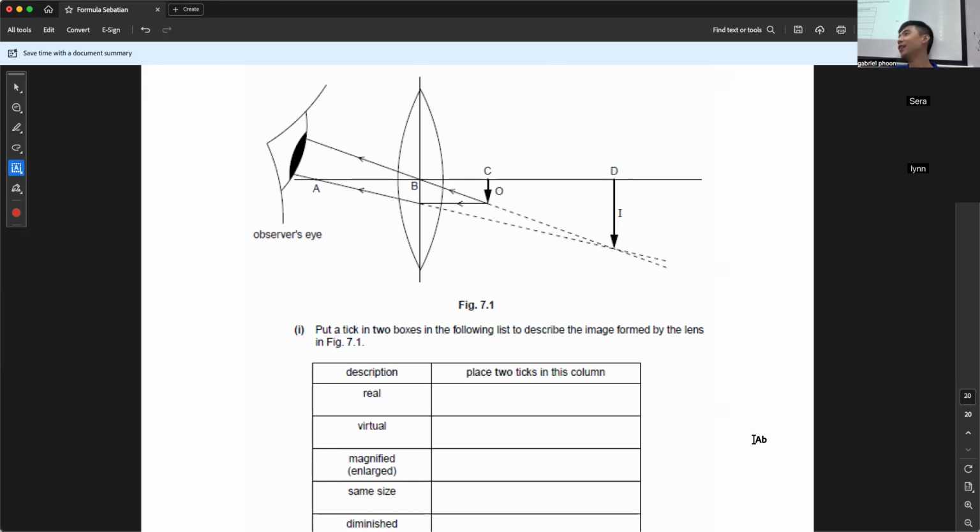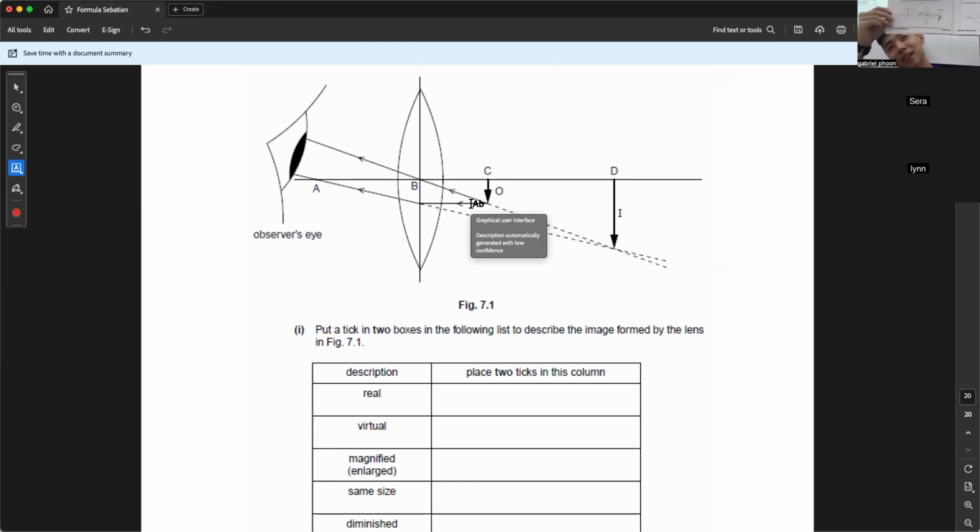Why? Because that's where the rays hit and bend. You tell me why. Because A is the focal point because the light rays hit. Good, because the light rays hit.